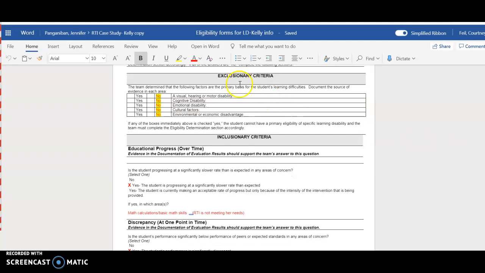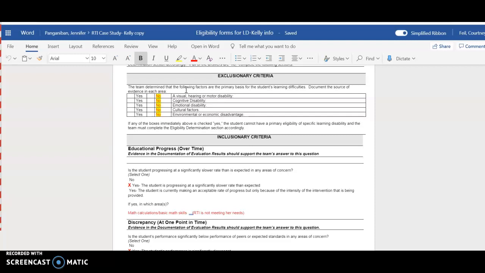In this case, this is saying that after the evaluation process, it was found that Kelly doesn't have a specific learning disability, that maybe one of these factors is why she was struggling. In this case, we checked no to all of these because it was not found that she had a visual, hearing, or motor disability. It was not found that she had a cognitive disability or an emotional disability. Cultural factors did not come into play, and there's no environmental or economic disadvantage.